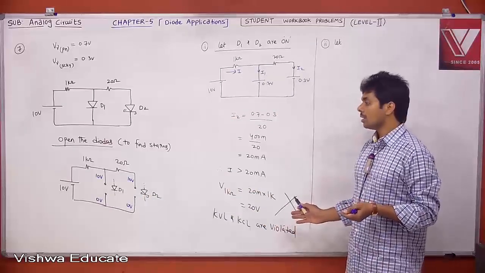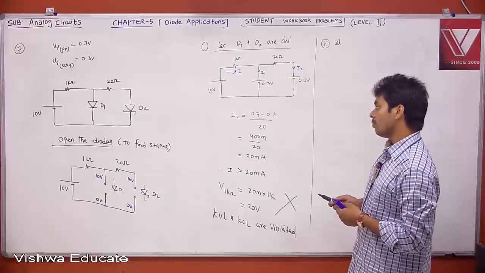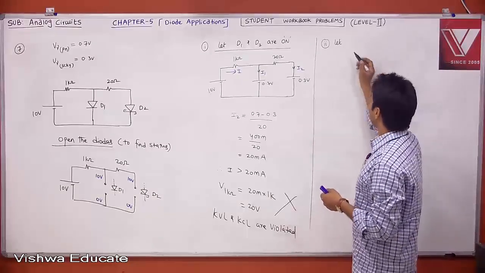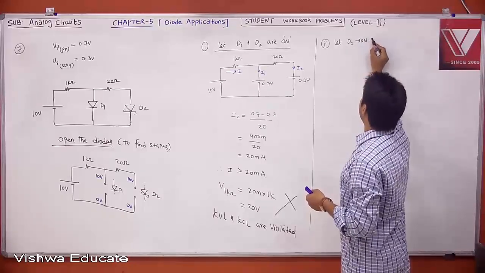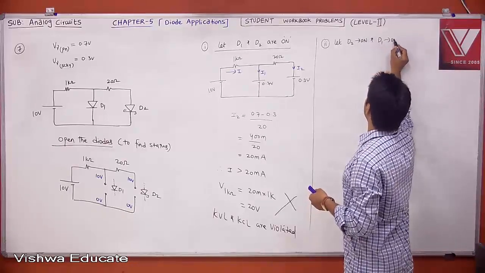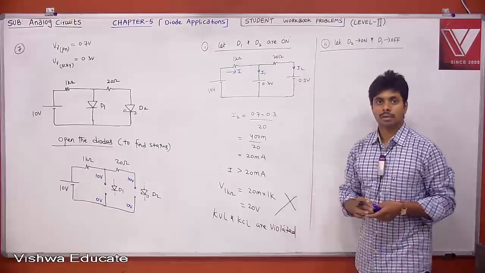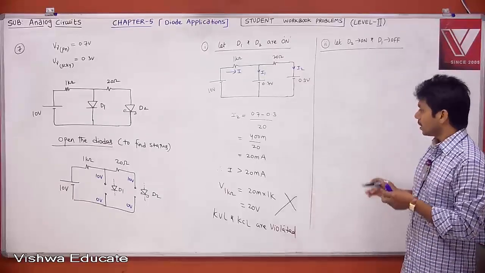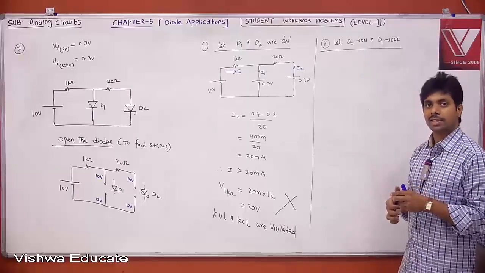Therefore, this is wrong. Therefore, let us start with D2 on. Let D2 be on and D1 be off.